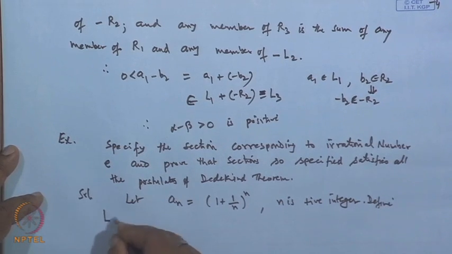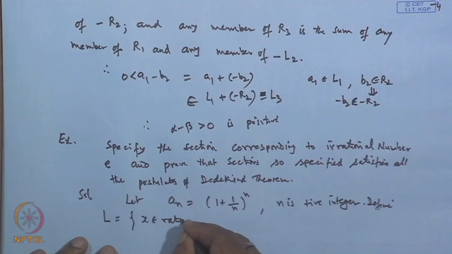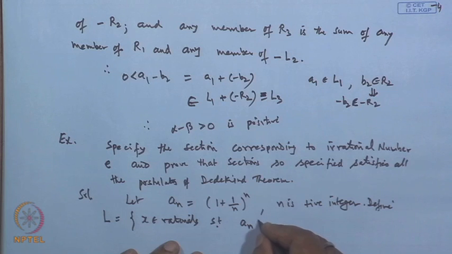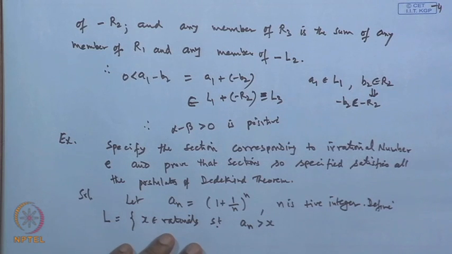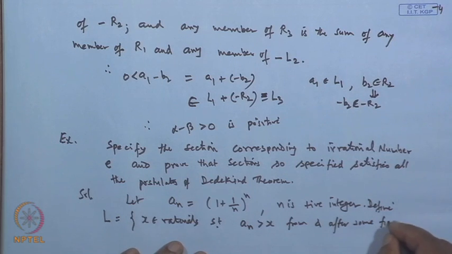Define the lower class L as the set of those rational numbers x such that a_n is greater than x from and after some fixed value of n.